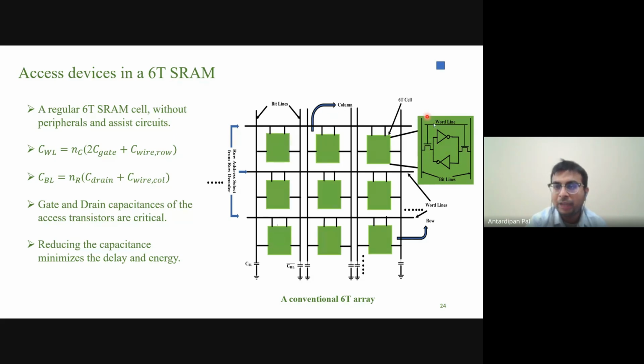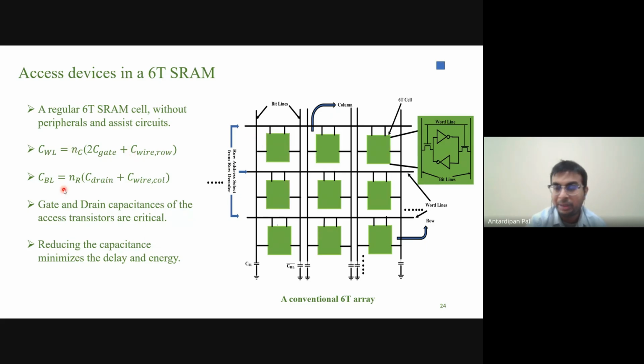So here we will have the gate capacitance as well as the electrical wire capacitance, because it's a metal wire after all. So why 2 gate capacitance? Because a single bit cell has 2 field effect transistors, 2 FETs, so they have 2 gates. So 2 gate capacitance plus wire capacitance, times NC. What is NC? The number of columns. If you have 1,000 columns, it will be multiplied by 1,000, right?